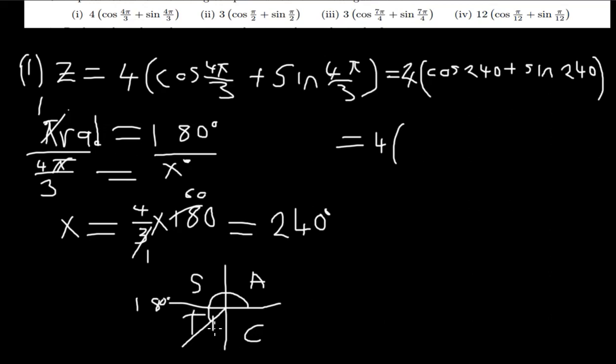So this angle here is going to be 60. How do I know? When I'm in the third quadrant, I just say 240 degrees minus 180. I want to find this theta there.